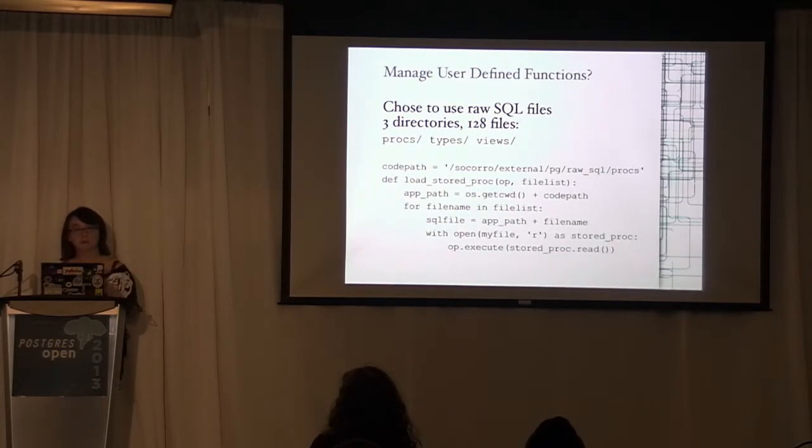So I just have this little directory structure that I created, and then I wrote a function that loads those files from there. And you might ask, how do you deal with dependencies in here? Because there might be some view that depends on a stored procedure, or vice versa. And I hacked it in. I just used sorting by whatever the default sorting is.